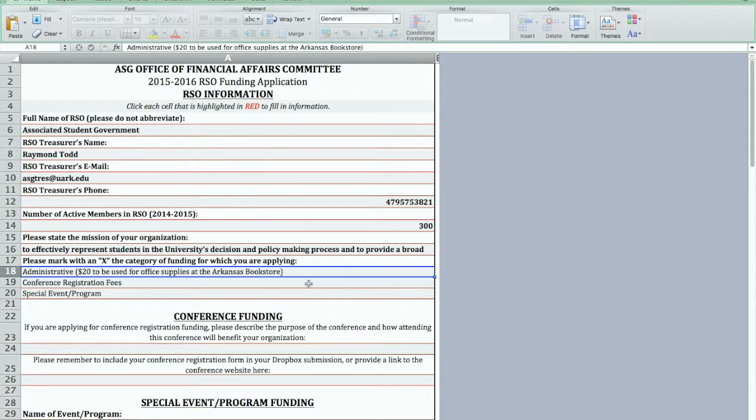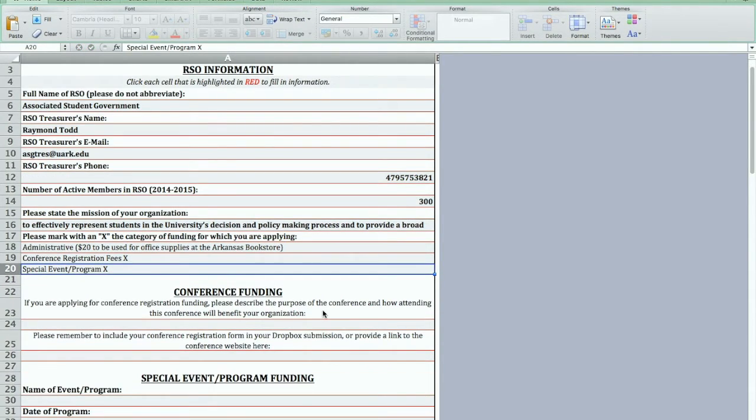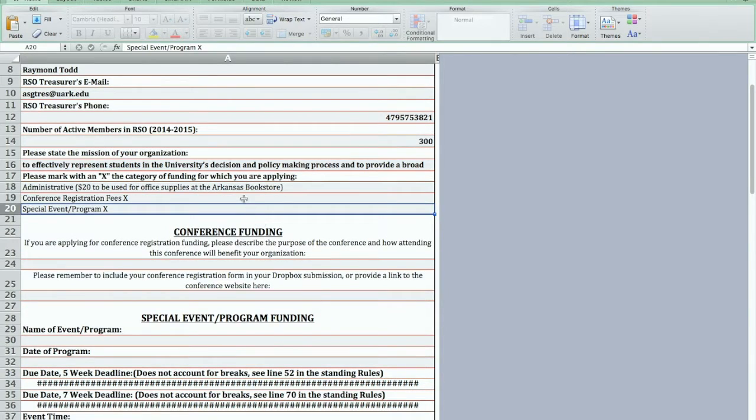I'm going to be applying for both a conference in this video and an event. We're going to do the event first, and then we'll go through the conferences. But make sure to put the check marks there for what you actually plan on applying for in this specific budget.